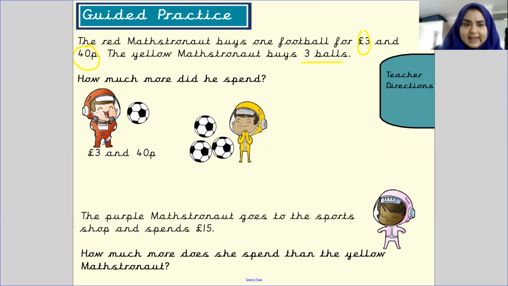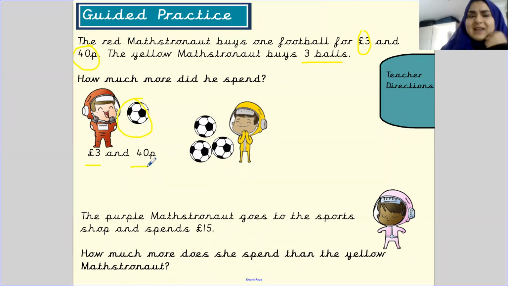So over here, the red astronaut has bought one ball, which is £3.40p. So if I think about £3.40p and I change it to pennies, that means £3 is 300 pennies and £4 is 40 pennies.